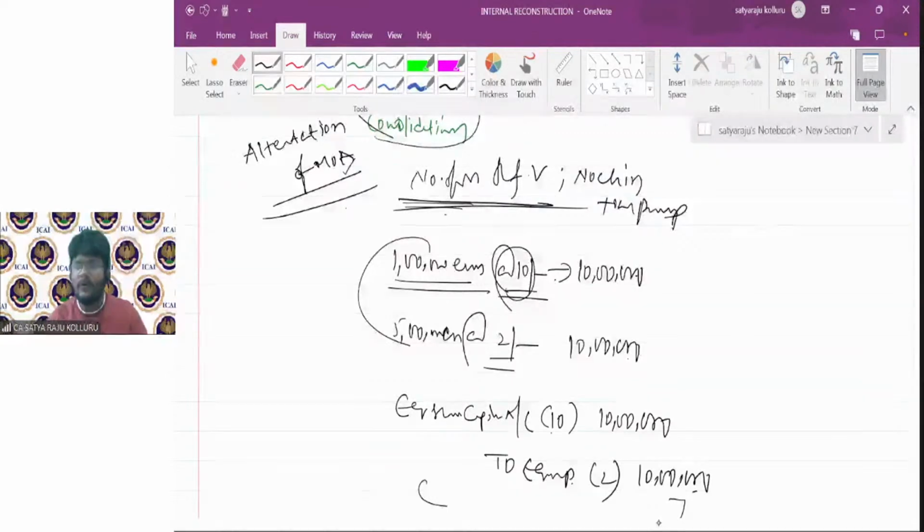Because once you go for subdivision or consolidation, there may be a chance of impacting the market value in the outside market. If you go for subdivision, automatically the number of shares increases, no? Then the market size, that means the trading volume, is going to increase. Many more shares are available with the public.